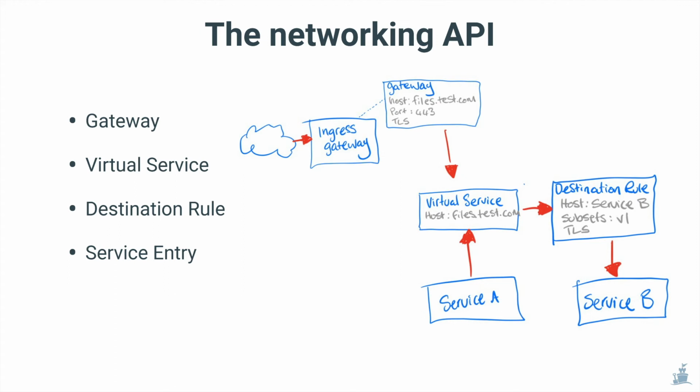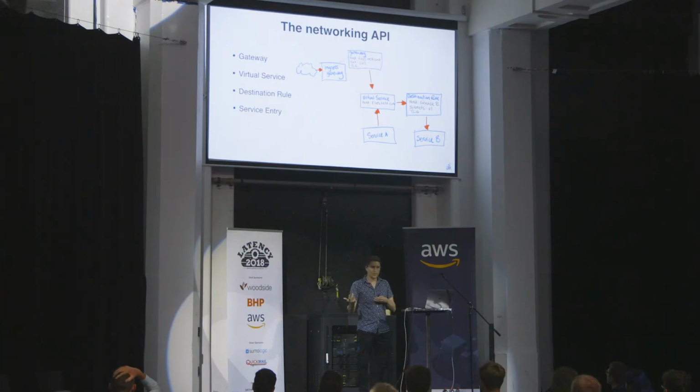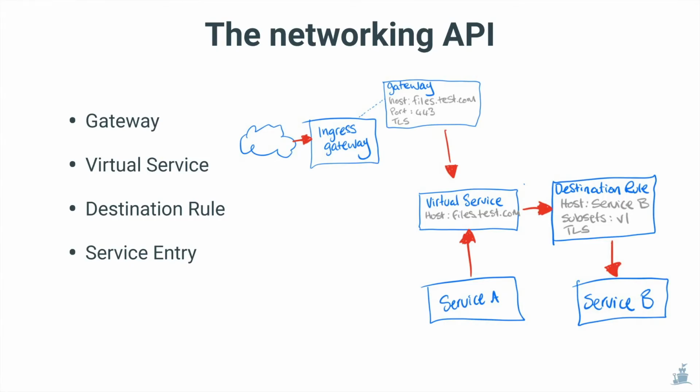We've got the destination rule, which is where we can start to put rules around a destination, and we can actually start to restrict based on what's happening in the mesh in terms of how often we actually connect with a certain destination, or how we shift traffic based on that. And service entry is the last one. That's basically for our external services. We can actually start to put rules or security in place for how we go outside of that.